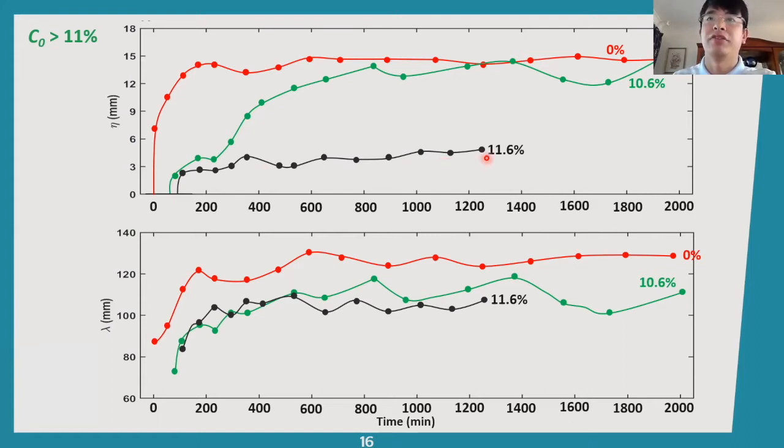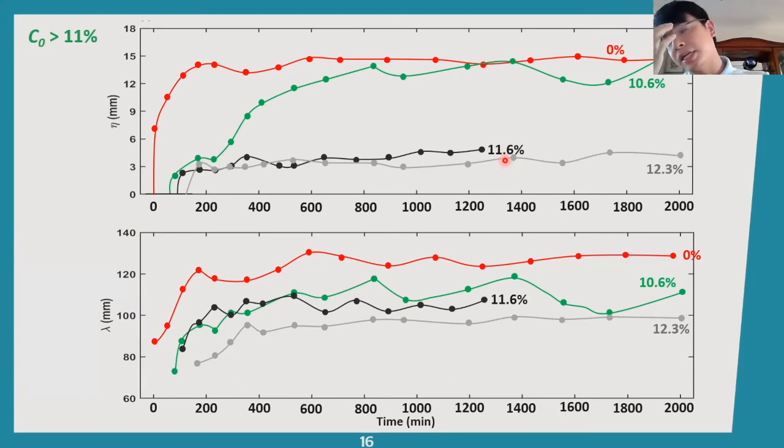And for the wavelengths, the final wavelengths from the initial clay content of 11.6% developed close to the ones from the initial clay content of 10.6%. However, it's quite shorter than the clean sand wavelengths.